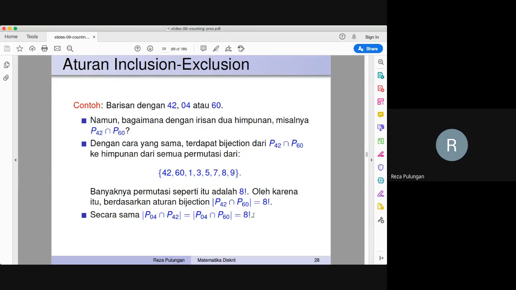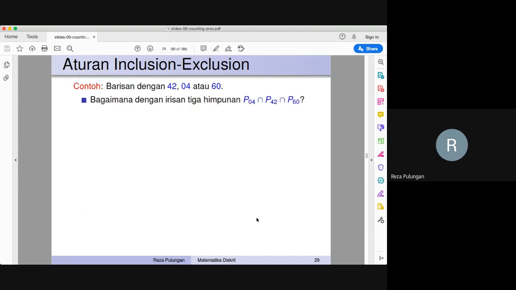So each one of them is equal to 8 factorial. Okay? So let's continue. What about the last one? The intersection between these three sets, P04, P42, and P60.